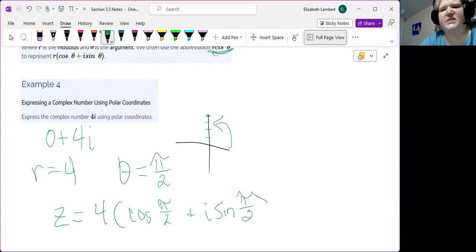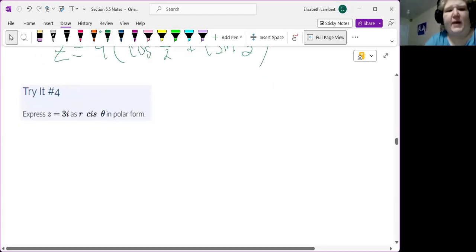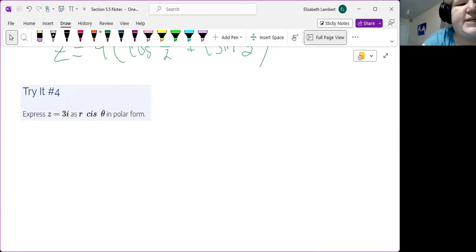And this can seem a little silly because what we had before was way simpler to look at. What we're going to see later on is the products and quotients and powers and roots of these behave really nicely. All right, so here we have 3i, but we're going to write it in the r cis theta notation.